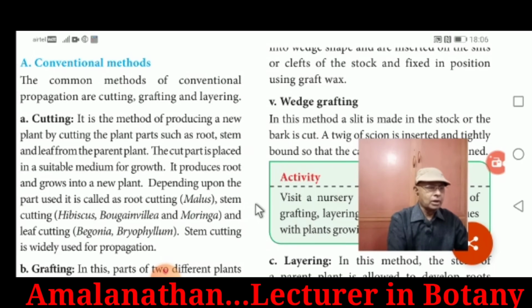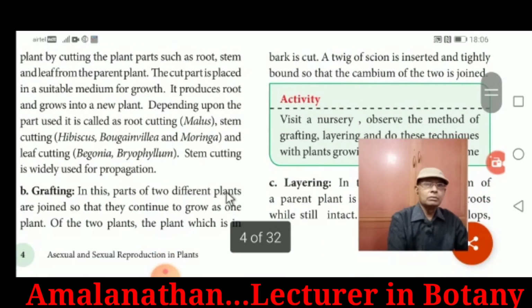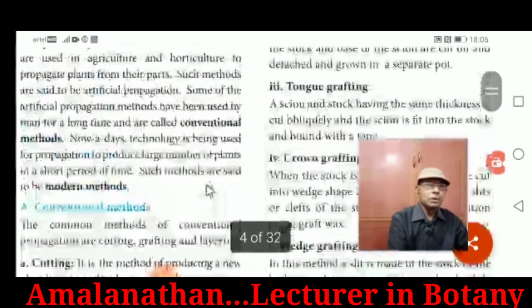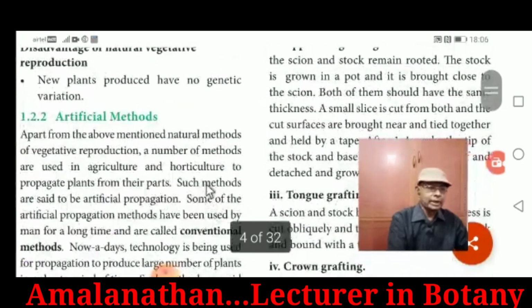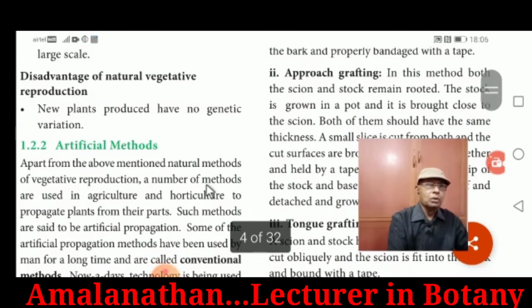Based on the method of uniting the scion and the stock, there are several types. One is bud grafting. Second one is approach grafting. Third one is trunk grafting.